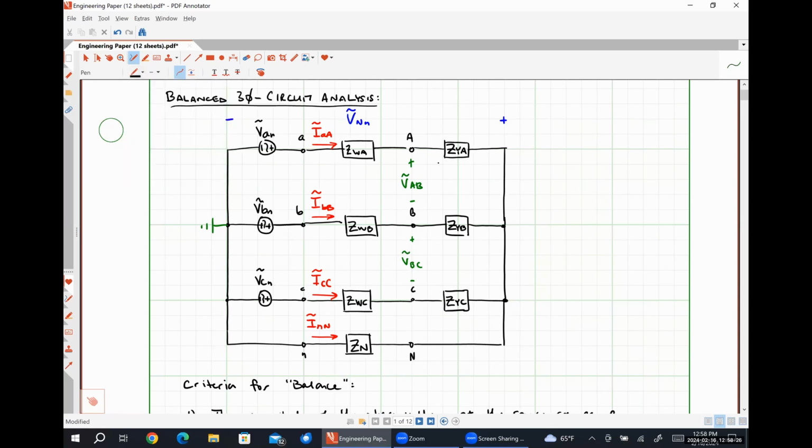So what I am suggesting is that that voltage VAB will be this voltage VAN minus this voltage VBN.